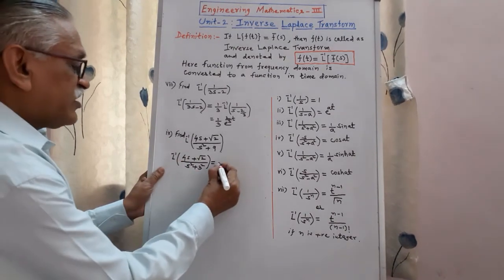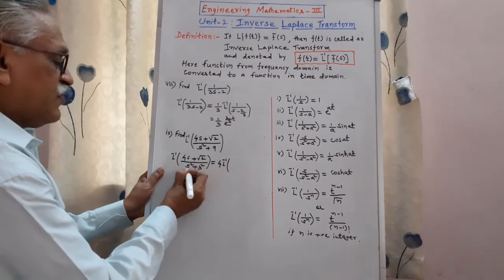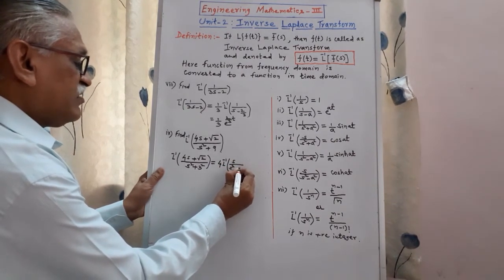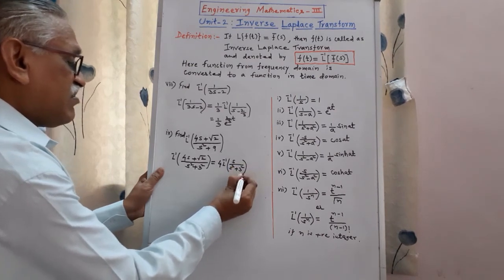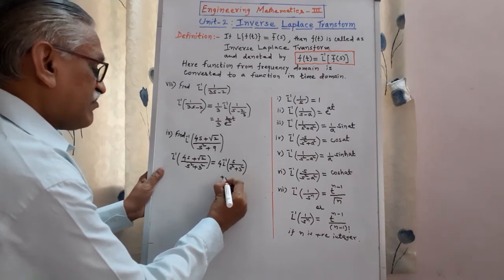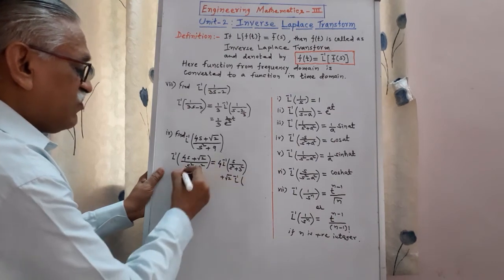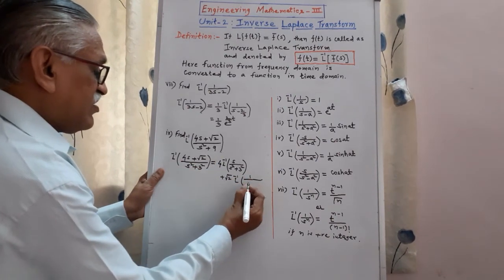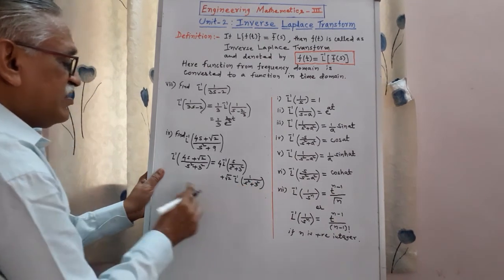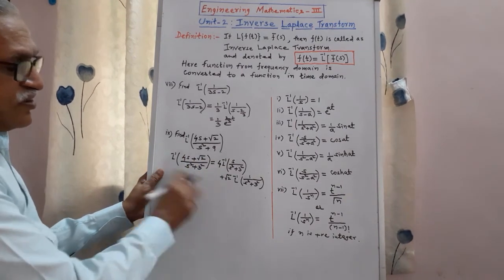4 constant I can take outside. It is 4 inverse Laplace of s upon s square plus 3 square, and this root 2 constant outside, inverse Laplace of 1 upon s square plus 3 square. We are dividing separately, this divided by this, and taking the constant term outside.